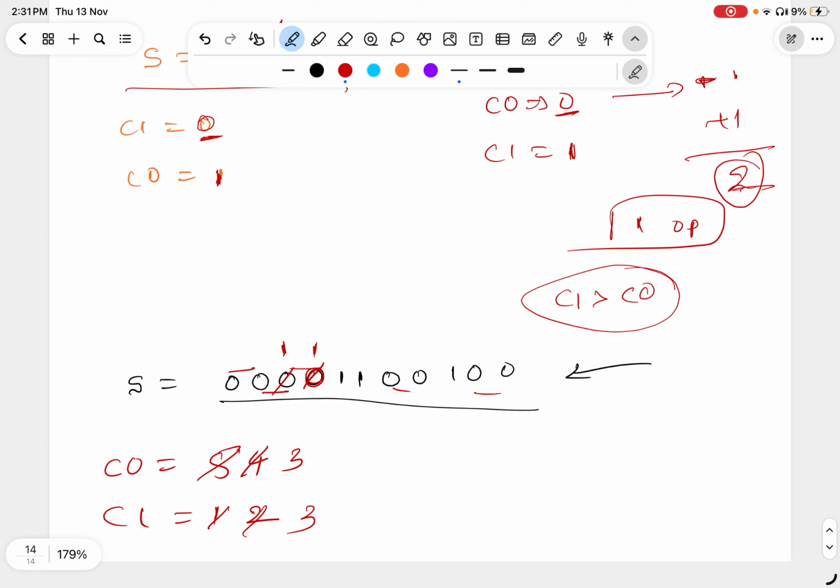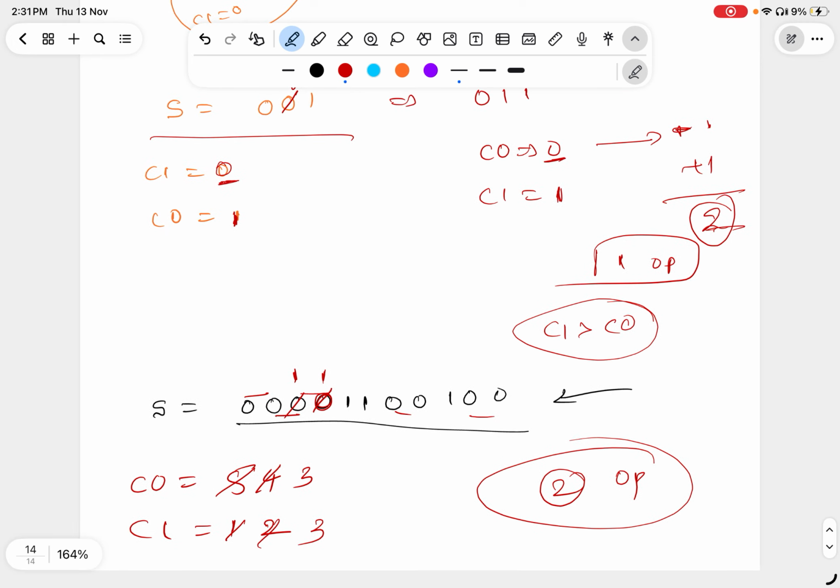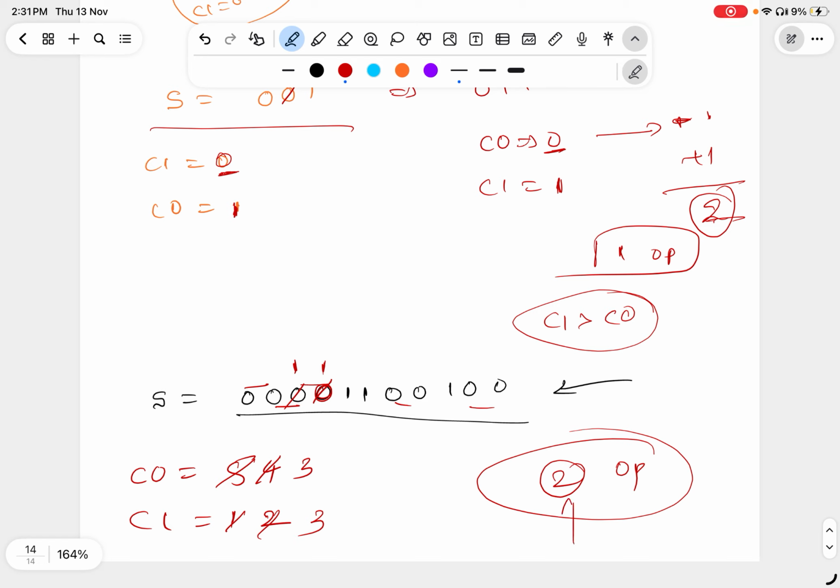So I only perform two operations here. Every time you choose an optimal bit, there will certainly be a plus 2 or minus 2 change to the final answer in C0 or C1.